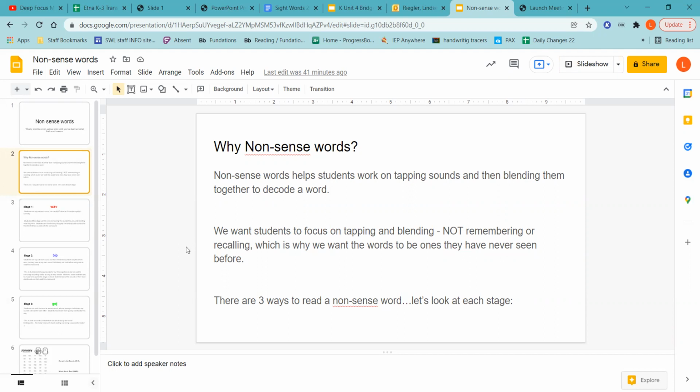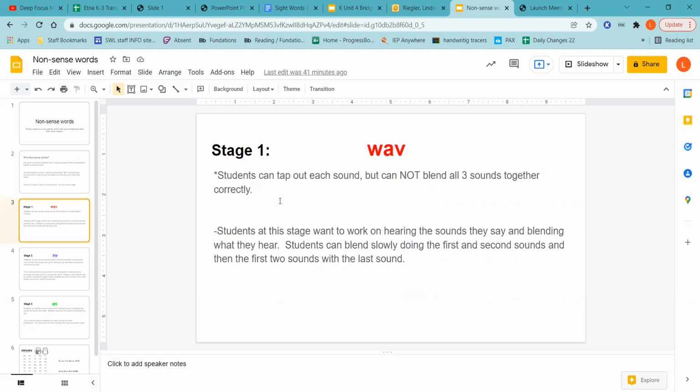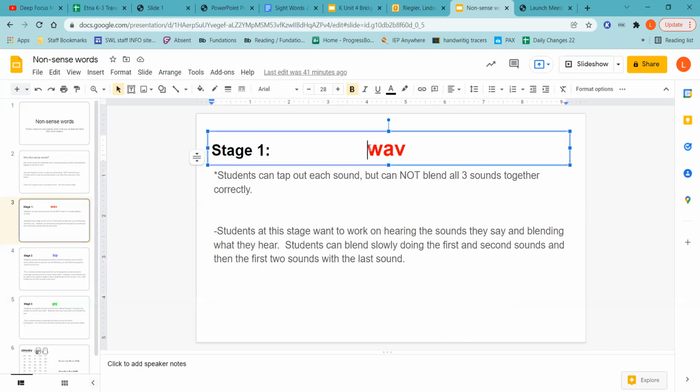There are three ways to read a nonsense word. Let's look at each stage. The first way to read a nonsense word is to tap each sound but not be able to blend the sounds together correctly yet. Let's look at this red nonsense word.